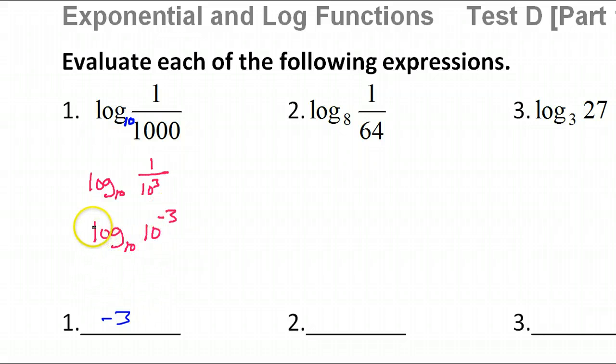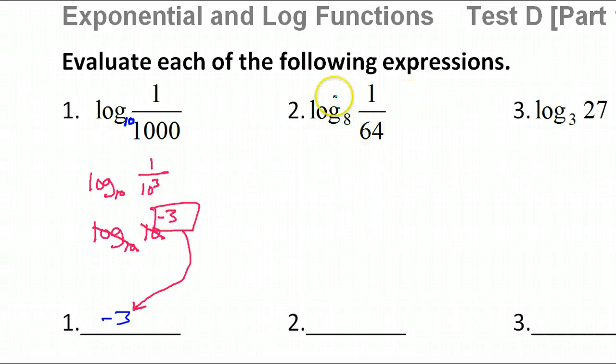And then you can use the fact that log base 10 of base 10, these are going to cancel each other out, and that's just going to leave the negative 3. These are inverses. The exponent and the log base undo each other, so it's just going to be negative 3. So that's a second way to look at it.